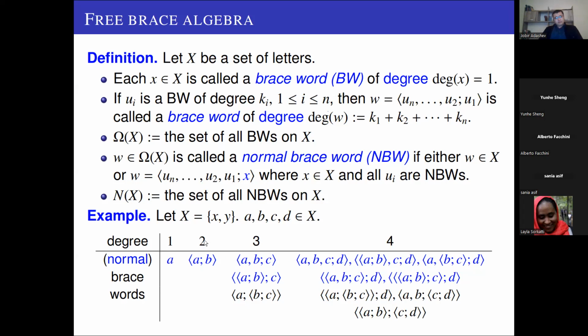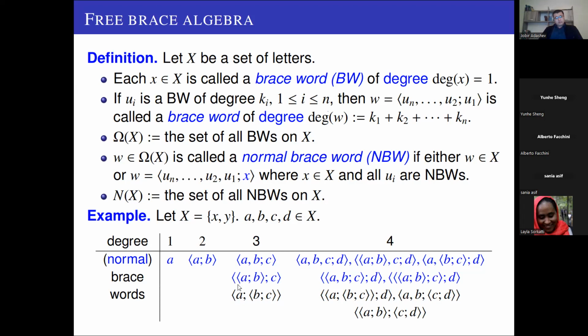For degree 2, only one type. For degree 3, we have several types. For example, here we put a c, a single letter, and a, b like this. So the arity is 3. We can also put a, b together in a bracket.